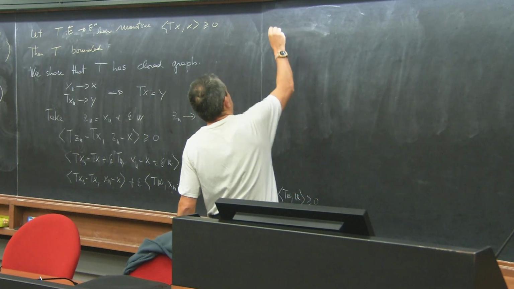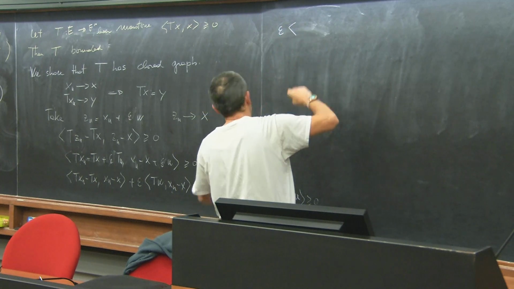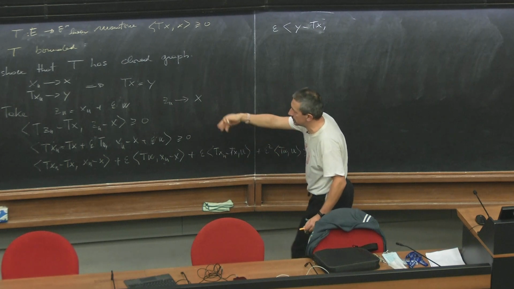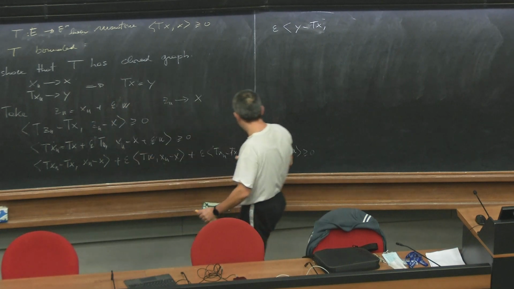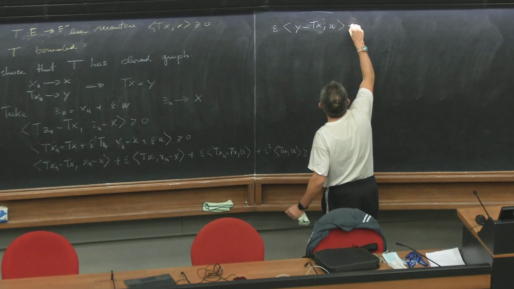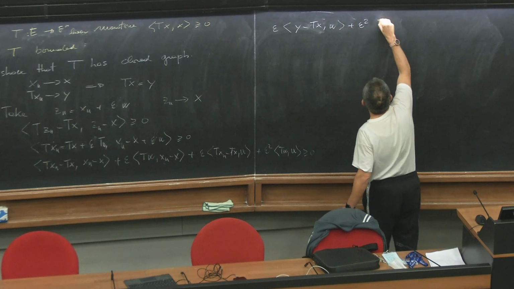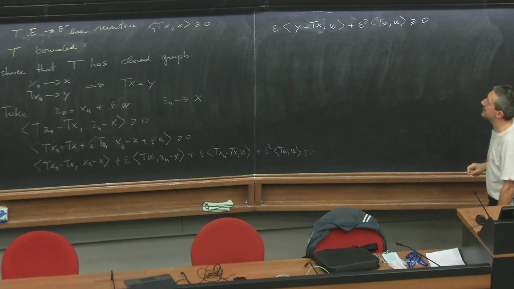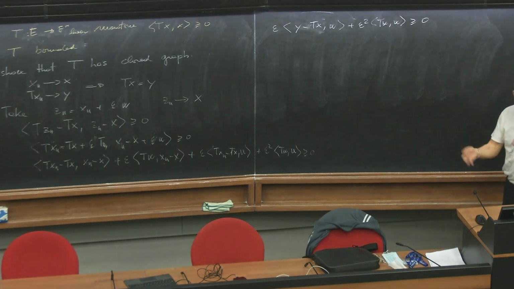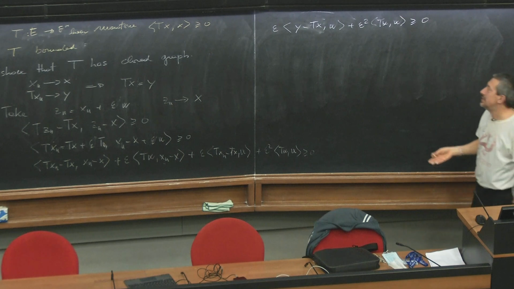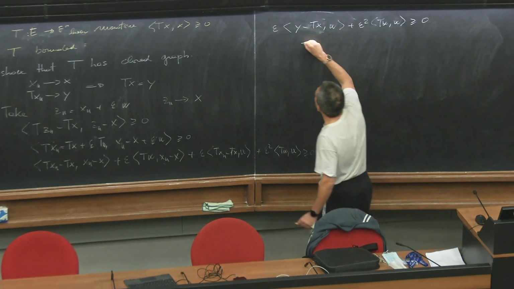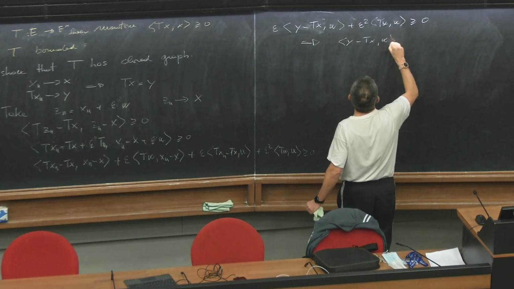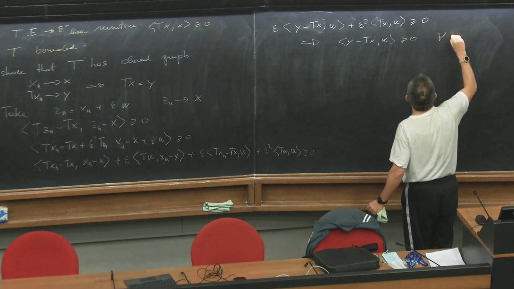So what is left is epsilon times y minus dx, because txn converges to y, this is my assumption, w plus epsilon squared tw greater or equal than 0. So this holds for all epsilon. So you must have then y minus txw is greater or equal than 0 for all w.